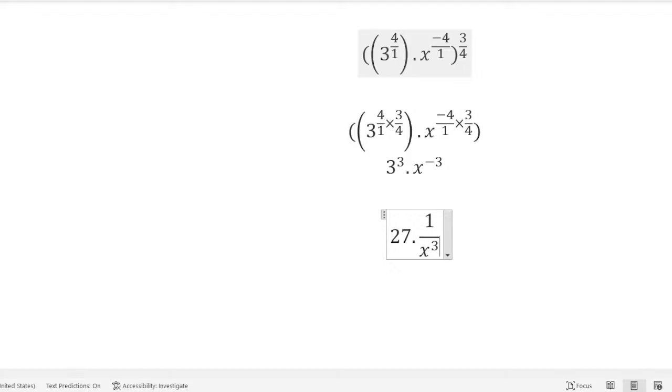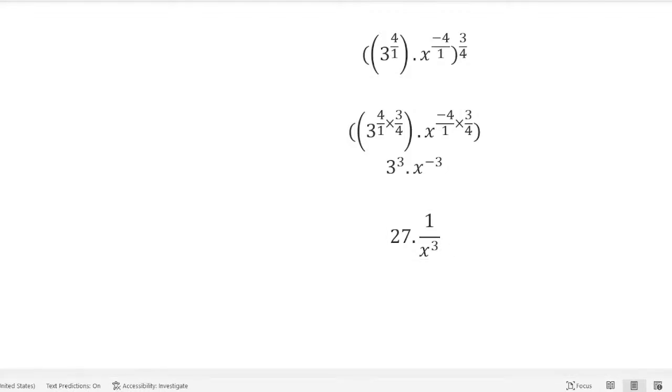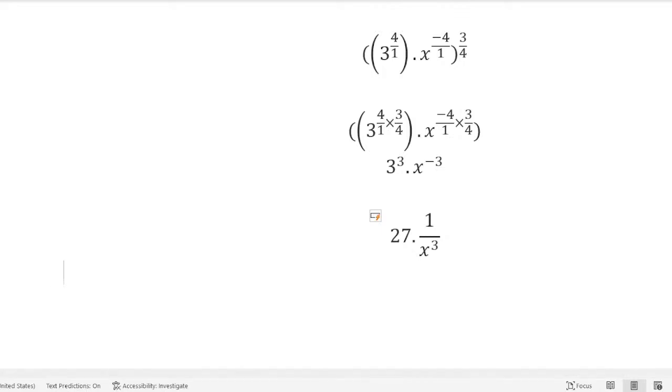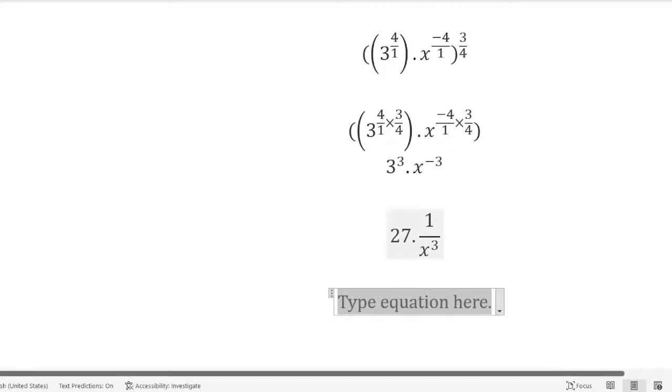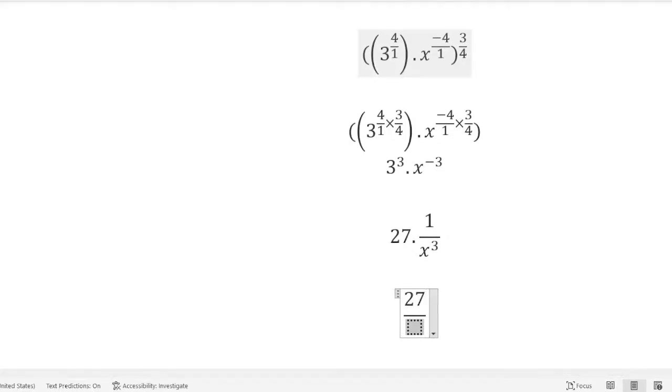Alright, so our final answer here would be 27 multiplied by 1, that will be 27 all over x to the power 3.